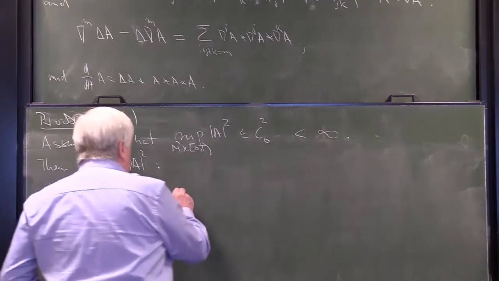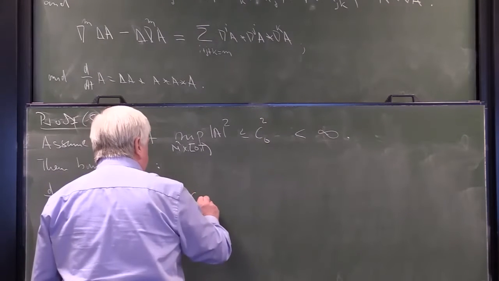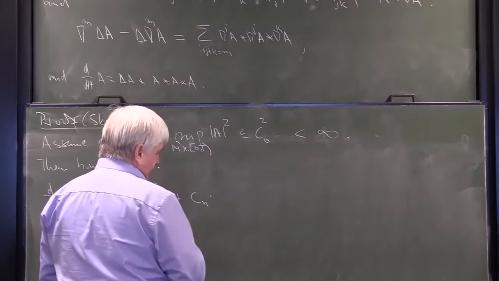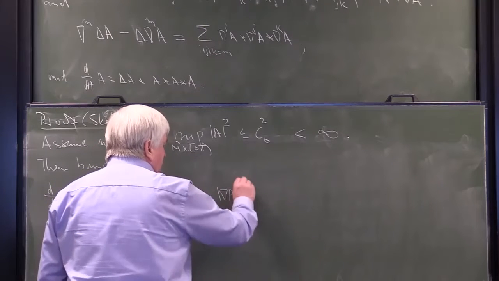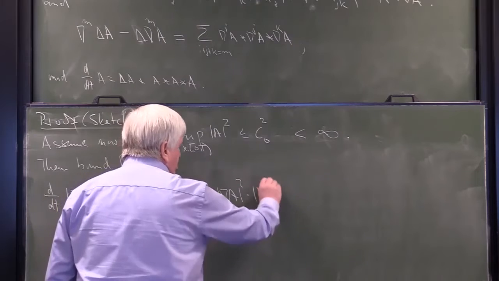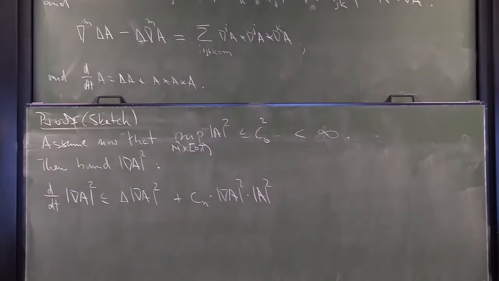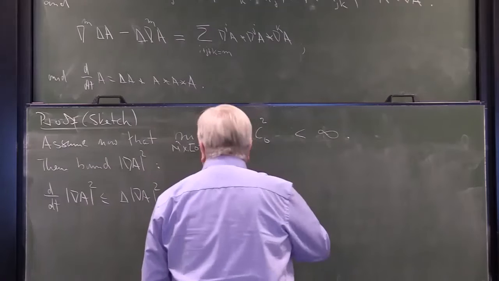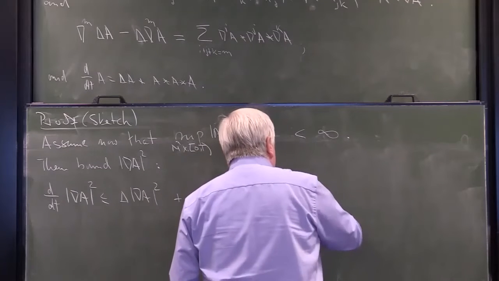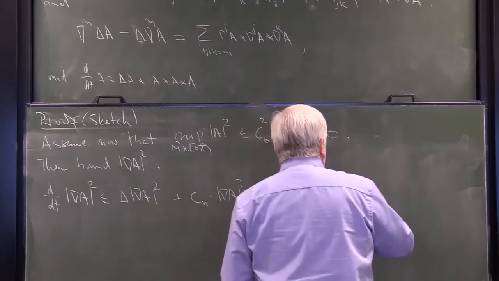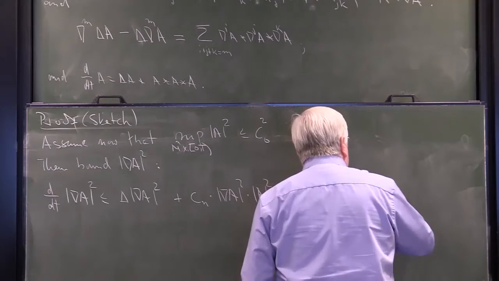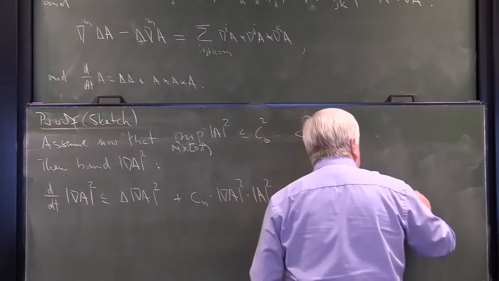So we get plus a constant depending just on the dimension times gradient A squared times A squared. It's the only term we get. But this can be estimated by a Laplacian of gradient A squared plus Cn times C0 squared times gradient A squared.